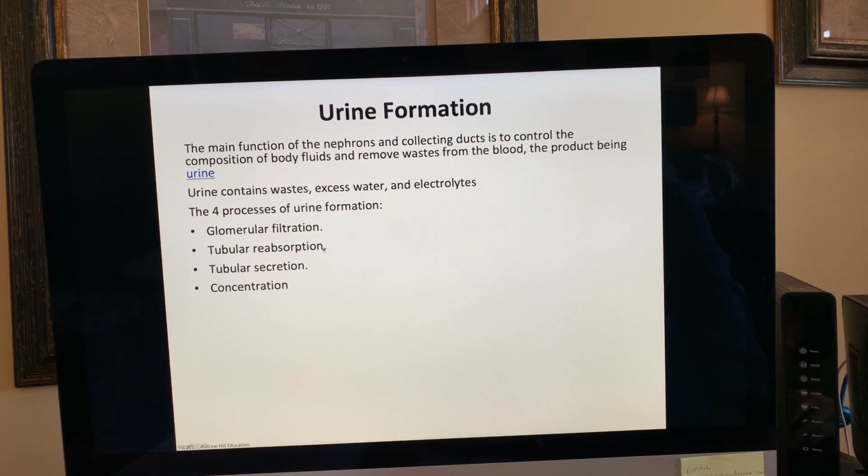That's taking things that you have filtered out into the nephron capsule and taking them back into the bloodstream. The third is secretion, which is taking things that were not filtered into the glomerular capsule and pumping them into the tubules of the nephron. And then the fourth is concentration, which occurs as the fluid goes down through the collecting duct through an environment of very high osmotic pressure.